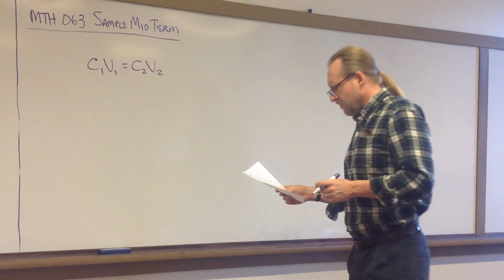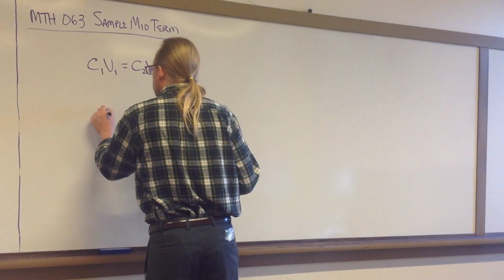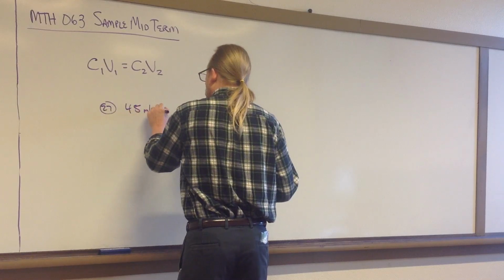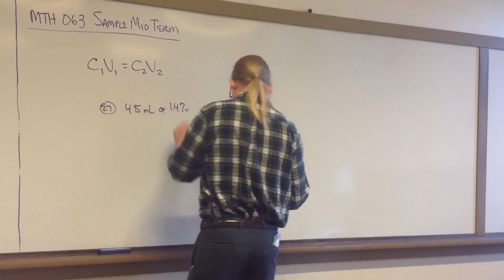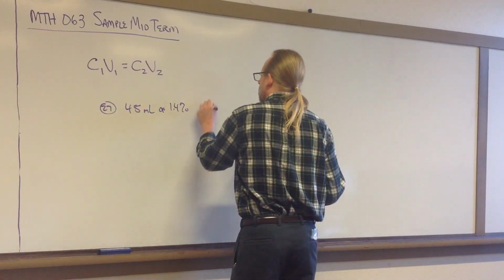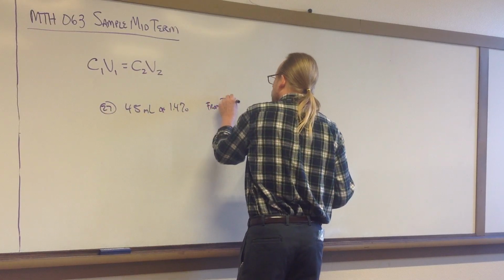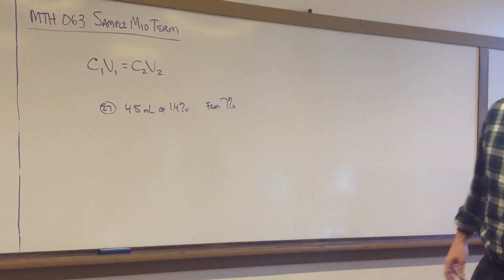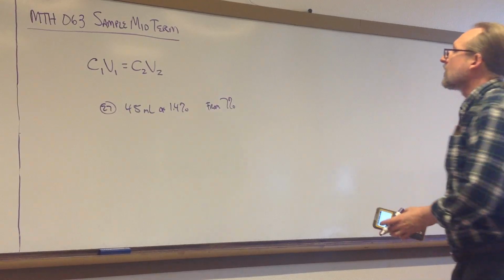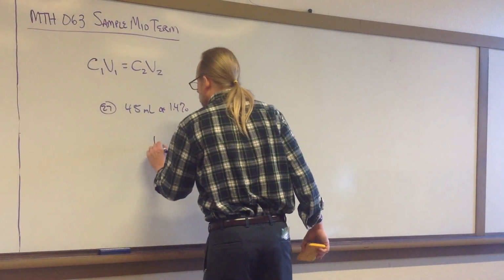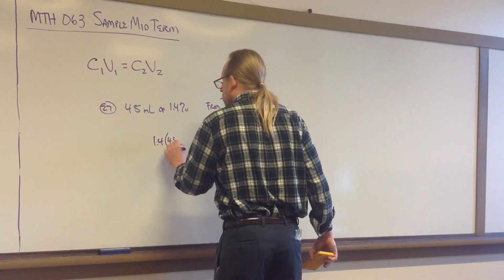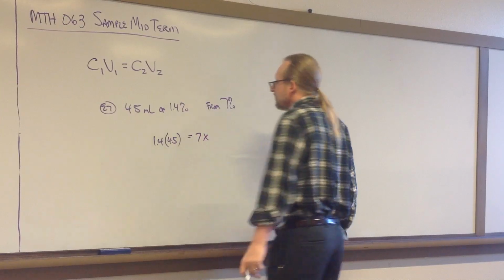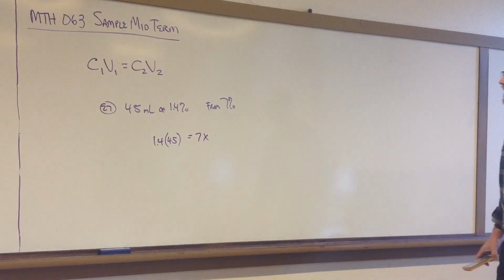All right, so problem 27 says, prepare 45 milliliters of 1.4% solution from a 7% stock solution. Like I said, notice the stock solution is always stronger than what we want, and that's why we add water to it. So C1 is 1.4, V1 is 45, C2 is 7, and V2 is what we're solving for. So I'll put an X there.